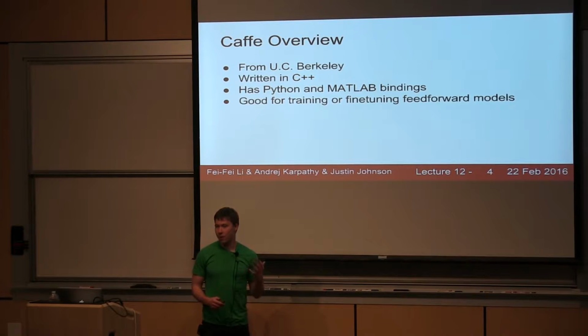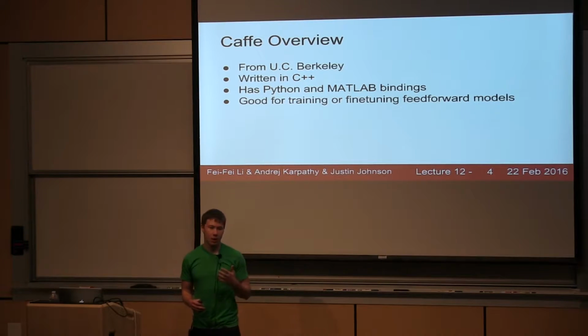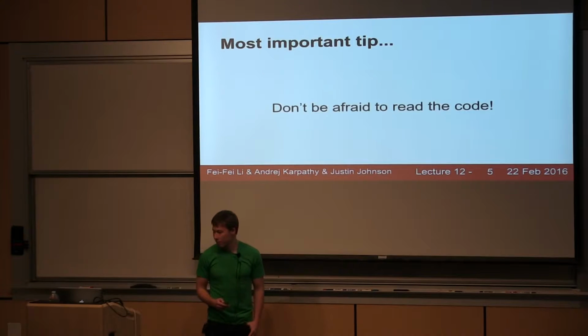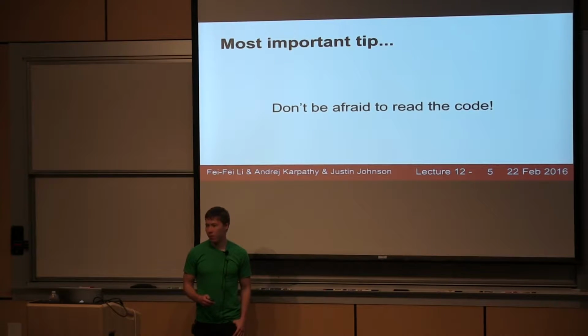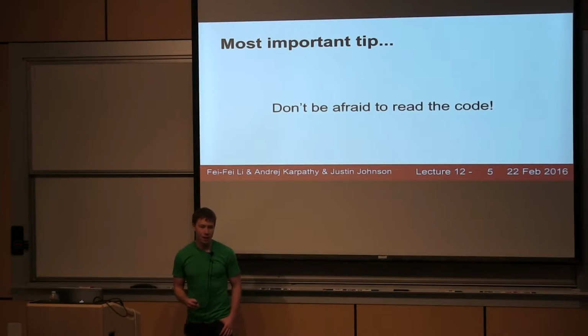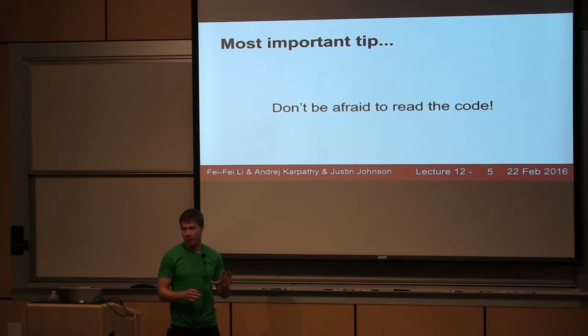Caffe is somewhat different than the other frameworks in that you can train big, powerful models in Caffe without writing any code yourself. For example, the ResNet image classification model that won everything last year, you can train a ResNet using Caffe without writing any code, which is pretty amazing. The most important tip when you're working with Caffe is that the documentation is sometimes out of date and not always perfect.